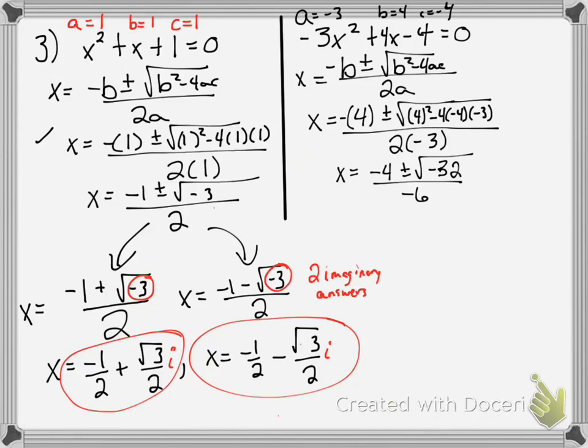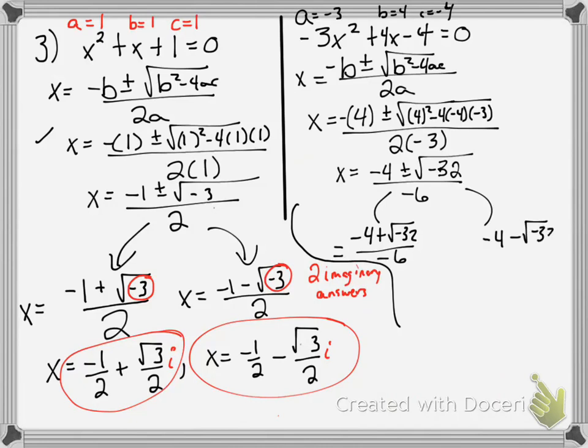So I need to factor down my negative 32 because I'm going to have to split this into two separate parts now. So I've got negative 4 plus the square root of negative 32 over negative 6. And my second half of the equation, I would have negative 4 minus the square root of negative 32 over negative 6. So my 32, I'm going to choose 16 and 2, which breaks down to 4 and 4.